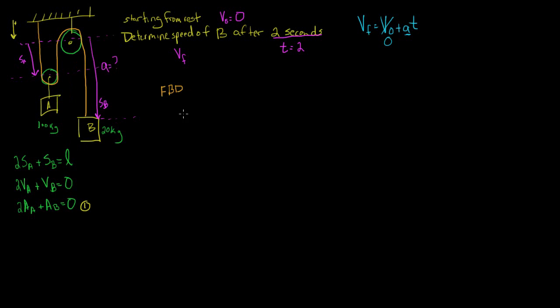And if we look at block A, we have a block right here. We know that it has a force going down, and this force that goes down is going to be 100 times gravity.